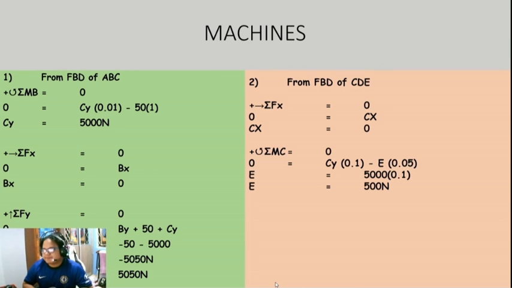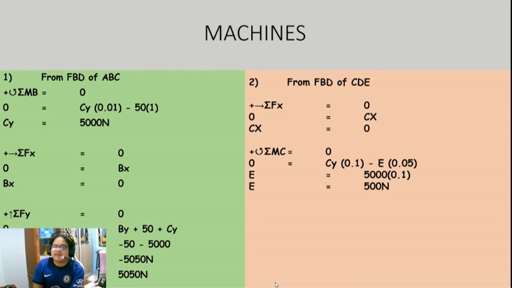5050 Newton. So the next thing, we use a free body diagram of CDE. We just use the moment at C and also the sum of forces at x. So we got CX.